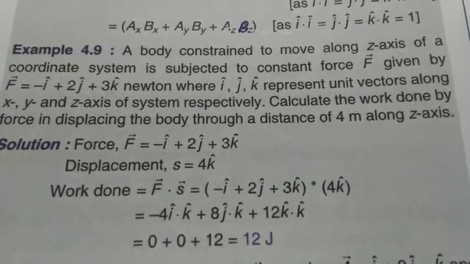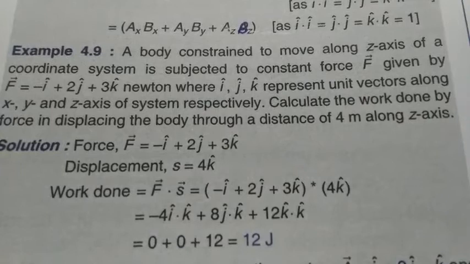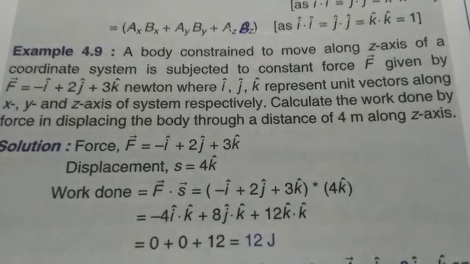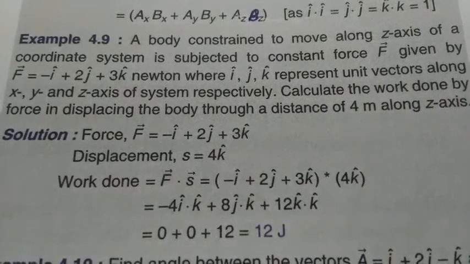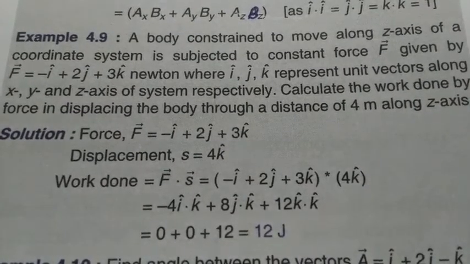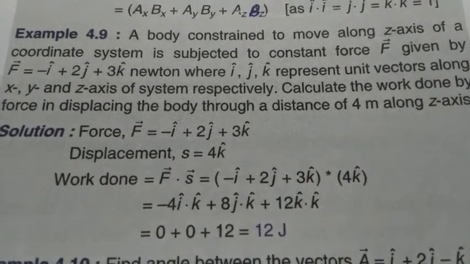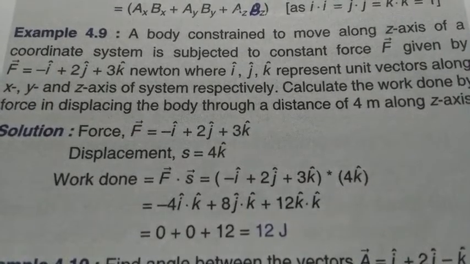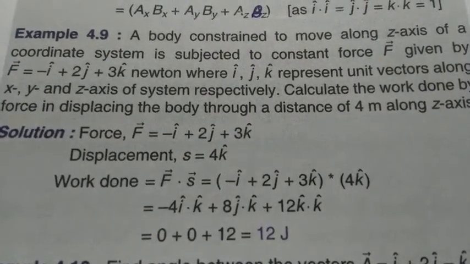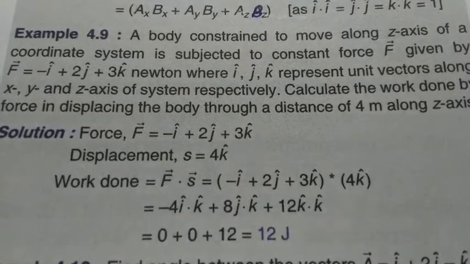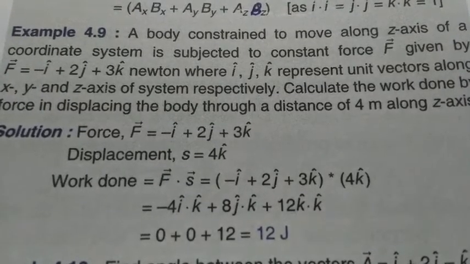Calculate the work done by force in displacing the body through a distance of 4 meters along z-axis. So here we have given the value of force, which is in all three components i, j, k, and the value of displacement is given only in z-axis. Okay, that is 4k.